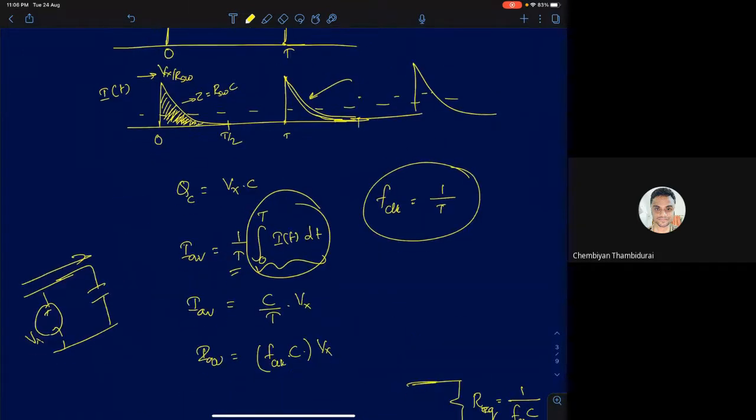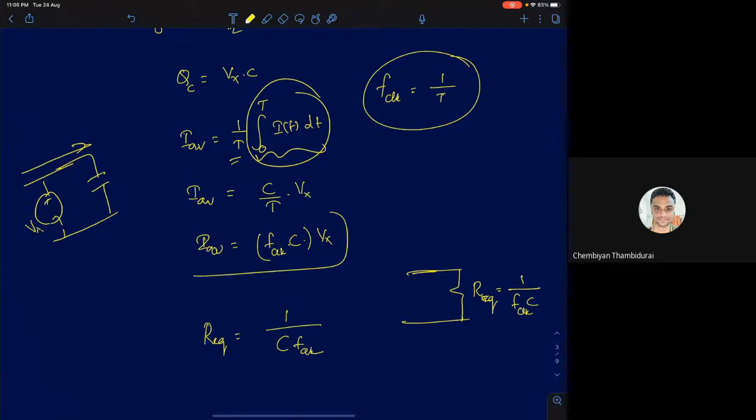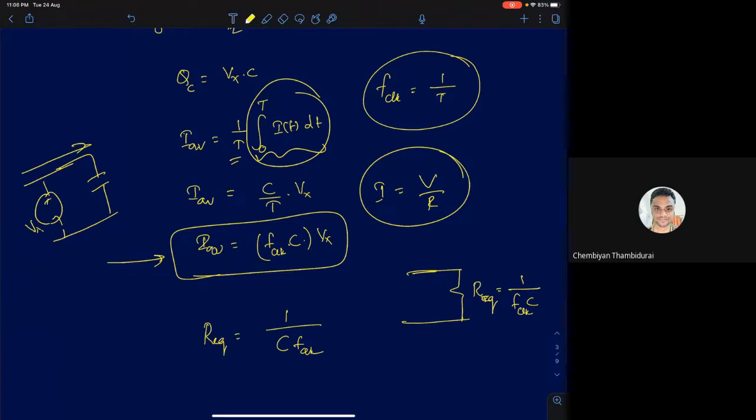The average current drawn is proportional to the voltage, and the proportionality constant here, 1 by R, I equals V by R, is Ohm's law. From that we can see it emulates an equivalent resistance between the terminal Vx and ground, and the value of the resistance is given by 1 by C into F clock.